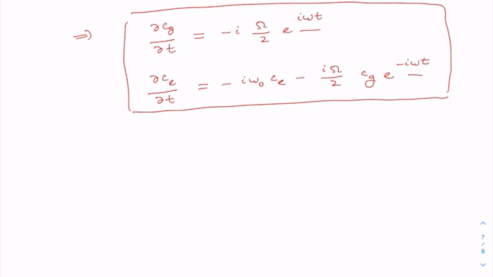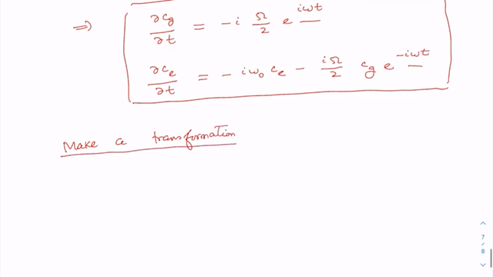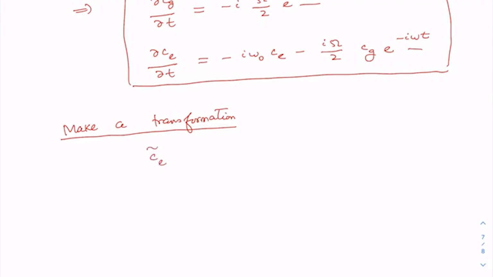To do that, let us make the transformation from Cg, Ce to Cg tilde and Ce tilde. They are defined as Ce tilde is equal to Ce e^(iωt), and Cg tilde remains the same as Cg.